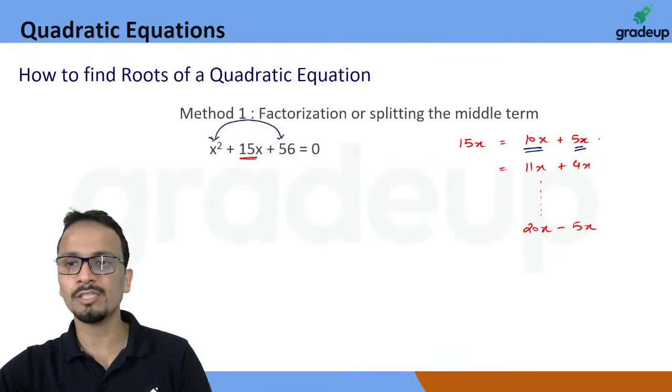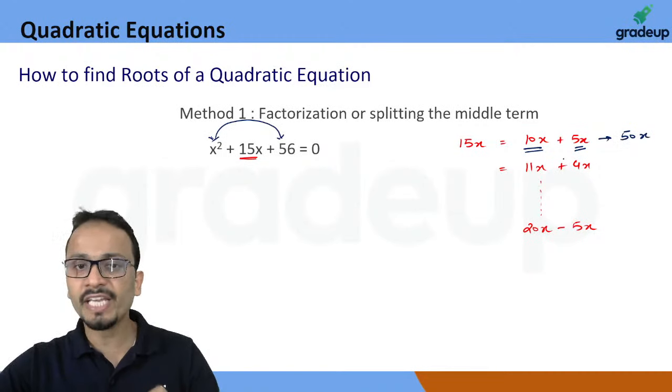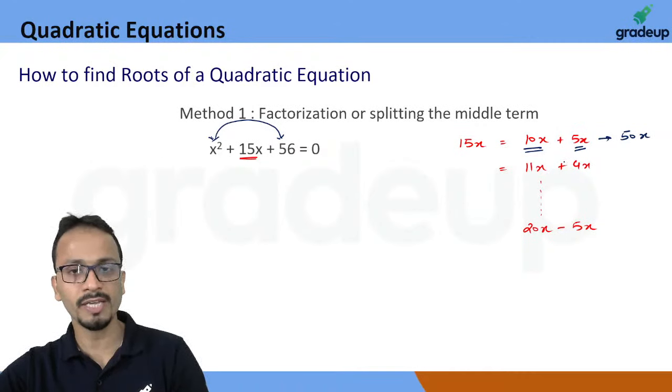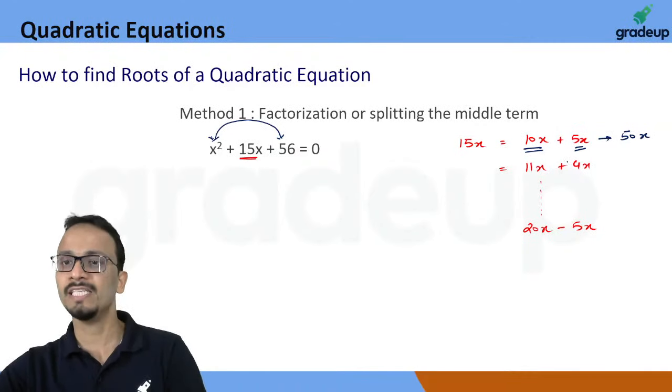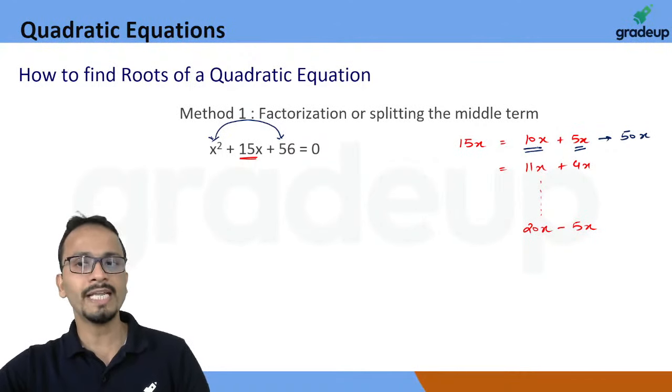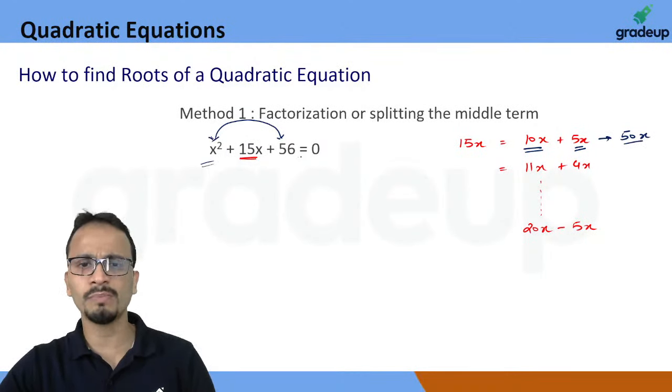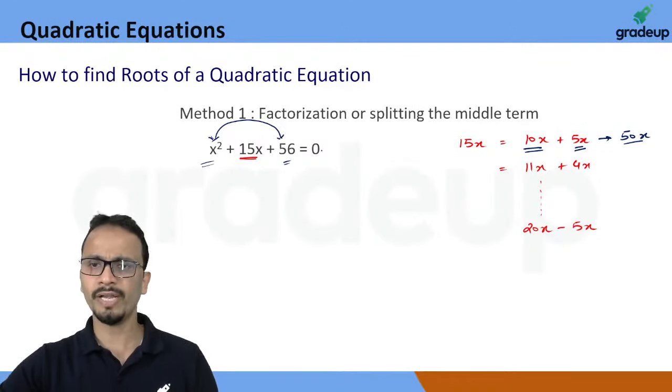If I look at this product in the first case, 10x into 5x is 50x squared. Be very careful about the plus and the minus sign. This is one important thing that should be taken care of in these questions. So 10x plus 5x, if I multiply these two terms, I'll get 50x squared, but 50x squared is not the product that I require.